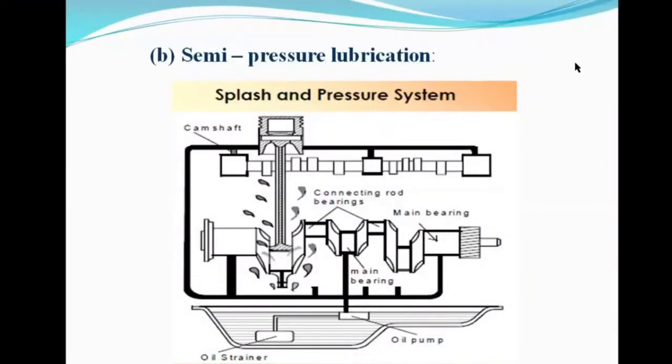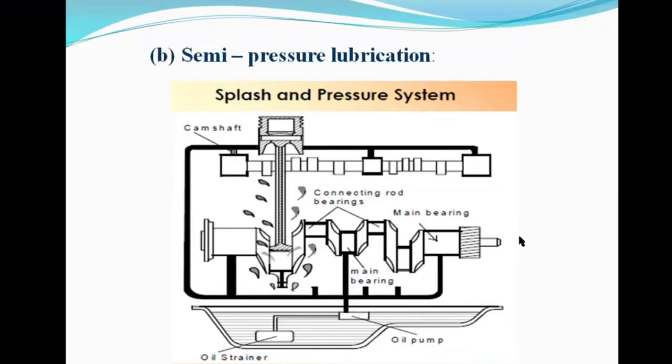Now the semi pressure lubrication system. It is also called a combination of splash lubrication and pressure lubrication system, so we are also supplying pressure to the oil by using the pump. Here is the same arrangement: this is the crankshaft, this is the connecting rod, and this is the camshaft, which operates the valve.